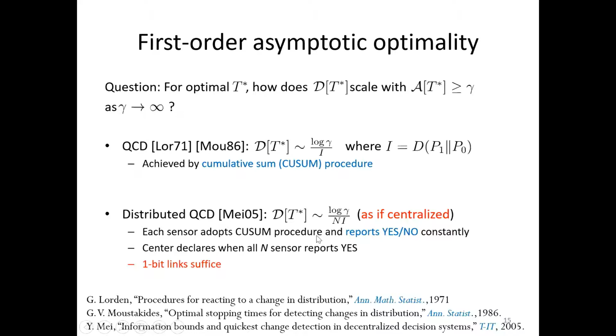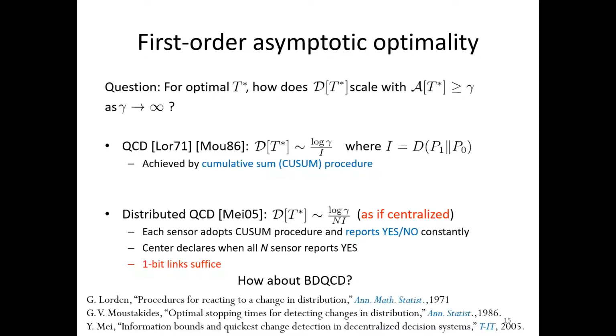The sensors just run their CUSUM procedure locally, and when the CUSUM statistic is bigger than the threshold, they say yes. The fusion center will declare the event happens when all the sensors say yes, and he managed to show that this is asymptotically optimal.